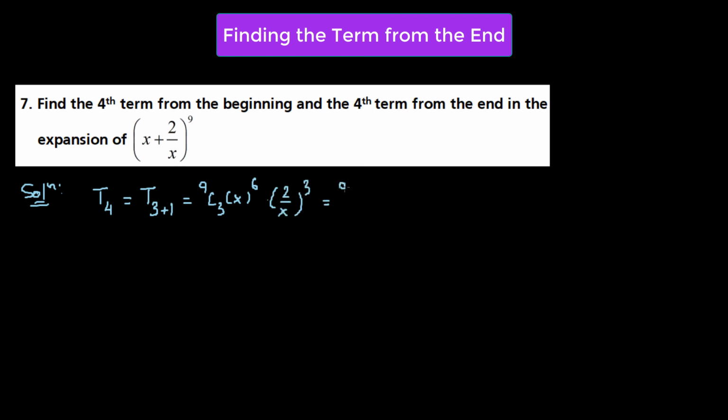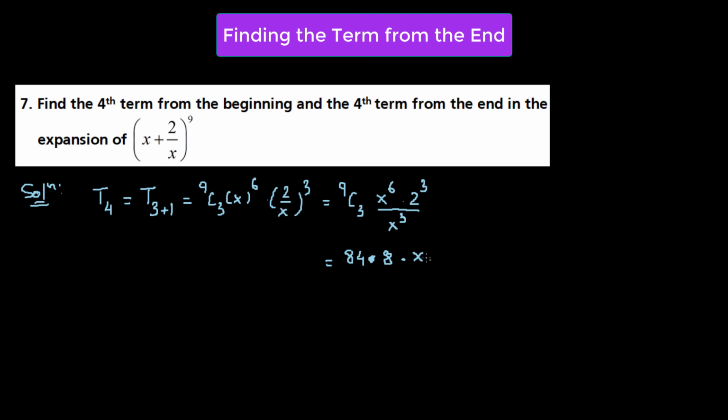Which is equal to 9C3 times x raised to the power of 6 times 2 raised to the power of 3 divided by x cubed. So we find out the value of 9C3, and that's 84. So this gives us 84 times 2 raised to the power of 3, so that's simply 8.